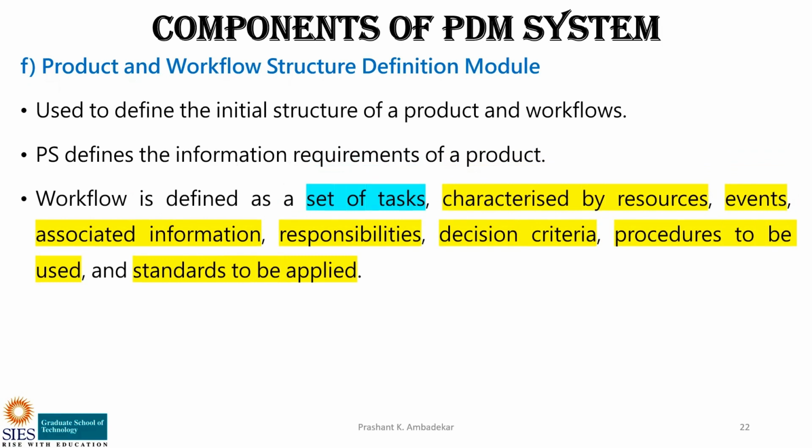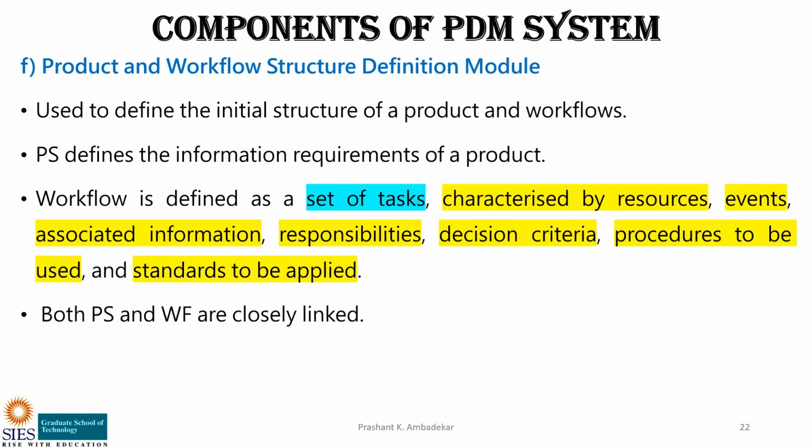It describes the information that's needed or is produced at each phase of the product life cycle. Now, the workflow is defined as the set of tasks which are characterized by resources, events, associated information, responsibilities, decision criteria, procedures to be used, and also the standards to be applied.